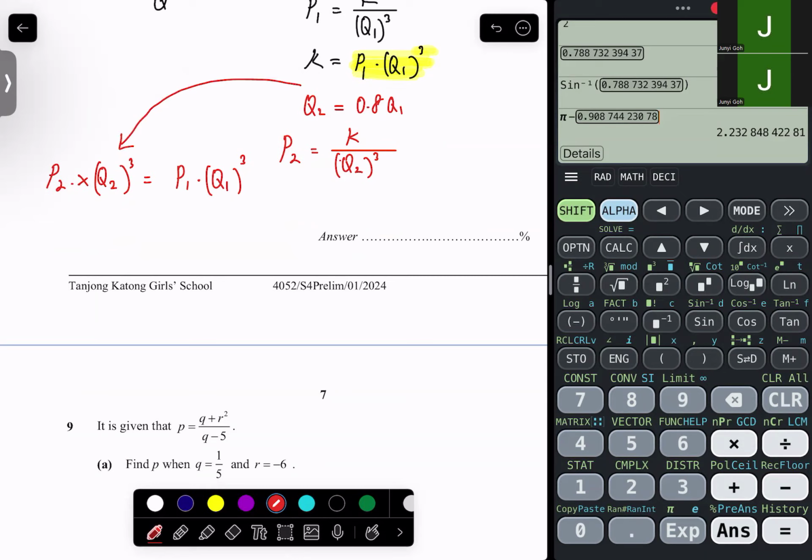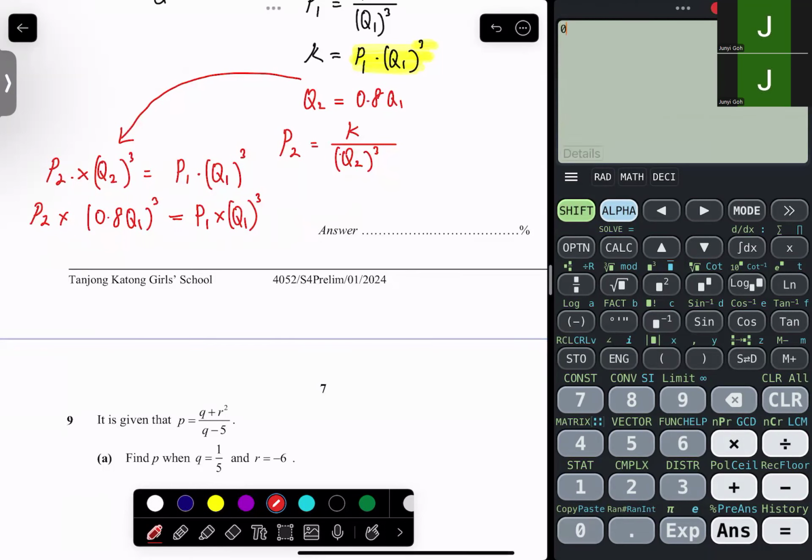We have P2 multiplied by 0.8 Q1 cubed, equal to P1 multiplied by Q1 cube. So what happened down here? 0.8 cubed, we'll get P2 multiplied by 0.512 Q1 cube equals P1 multiplied by Q1 cube.